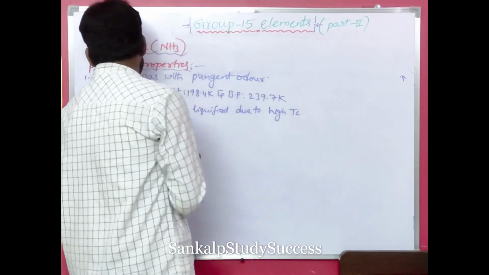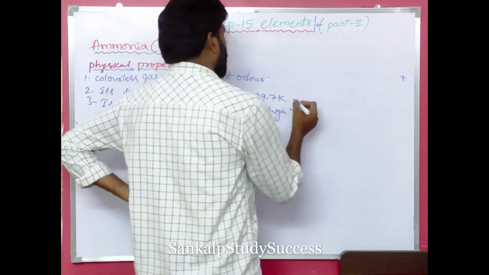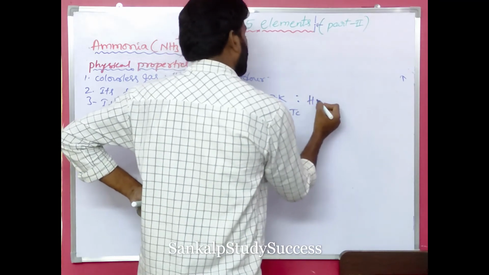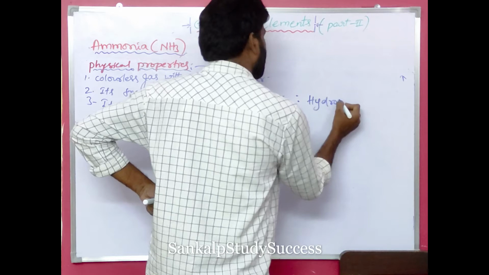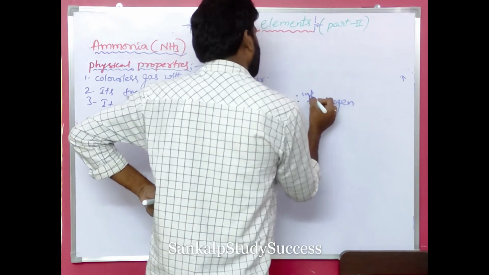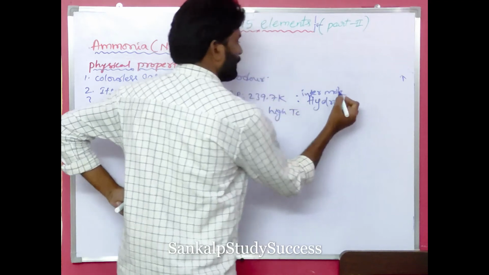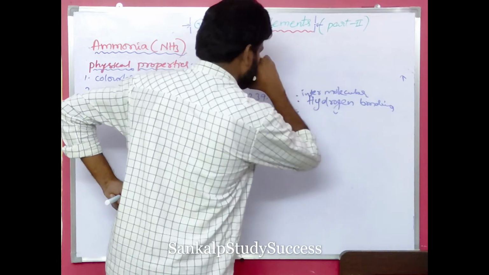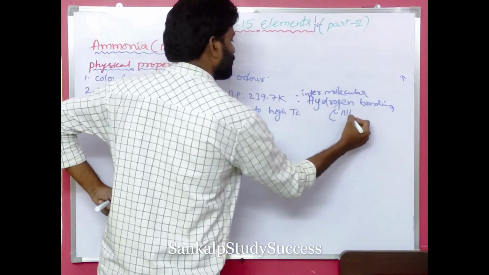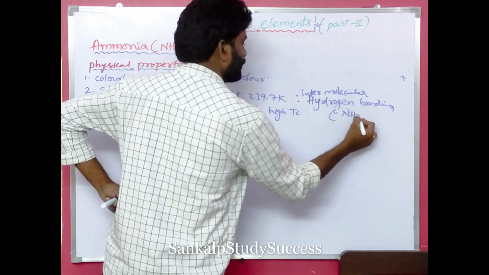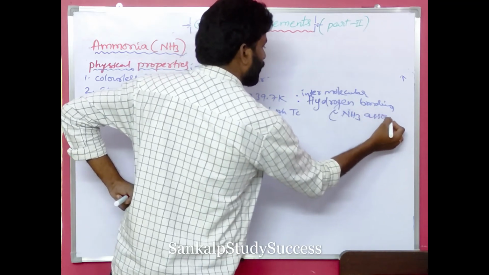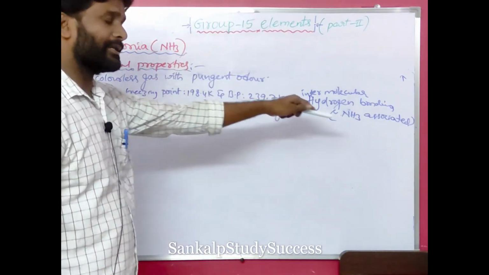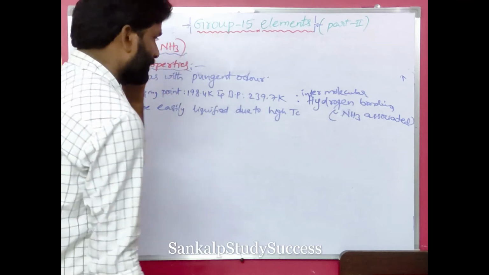Its boiling point and freezing point are high because it forms intermolecular hydrogen bonds. These NH3 molecules are associated due to hydrogen bonding, so a high amount of energy is required to break that hydrogen bond. So its boiling point is very high.